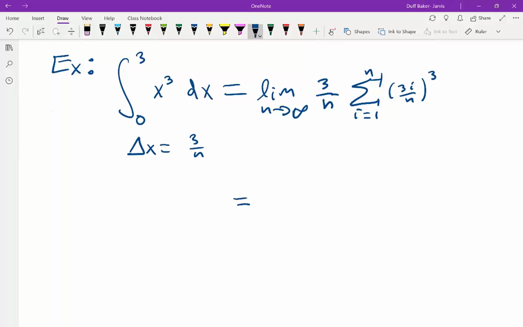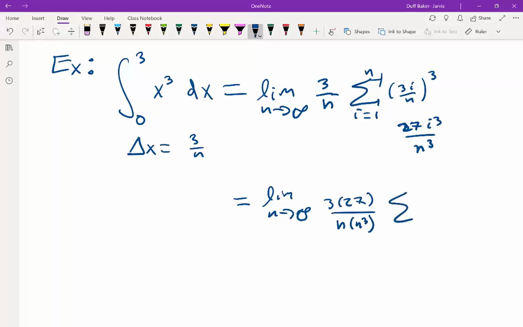Okay, and then you would try to simplify it down to just having a sum of probably i cubed here. So that would mean, if you do this part, this will be 27 i cubed. So if we throw that in here, and pull that out of the sum, you can get it down to something that looks like this.